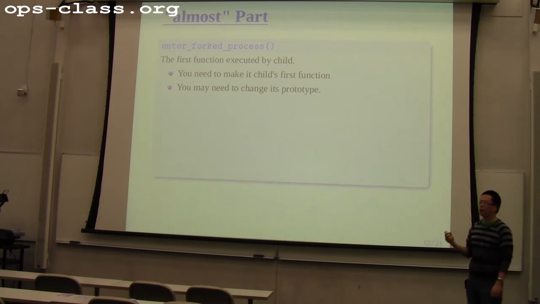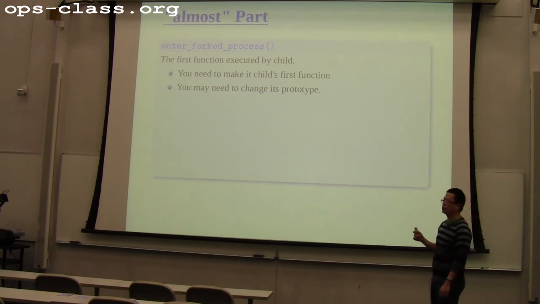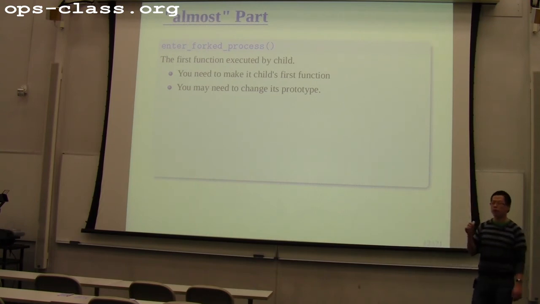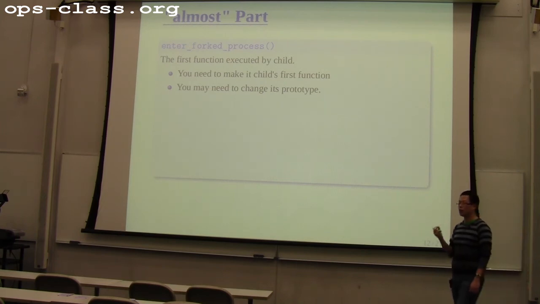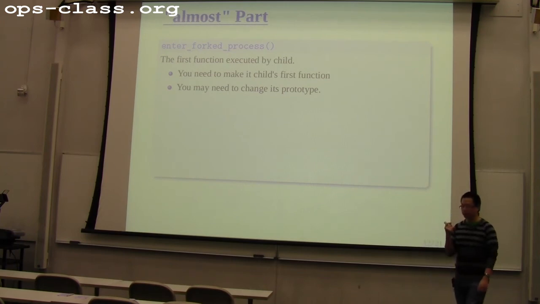Now we have already copied almost everything to the child. When you call thread fork, you need to pass the entry point to the new thread, right? That will be the first function executed by the child thread. And in that first function, you want to make a few changes to the new child thread. First of all, you need to set up the trap frame.